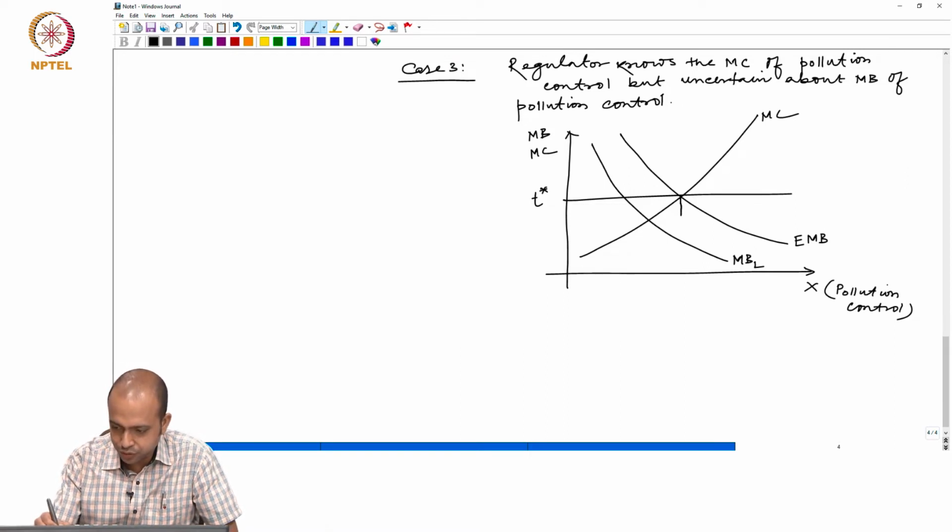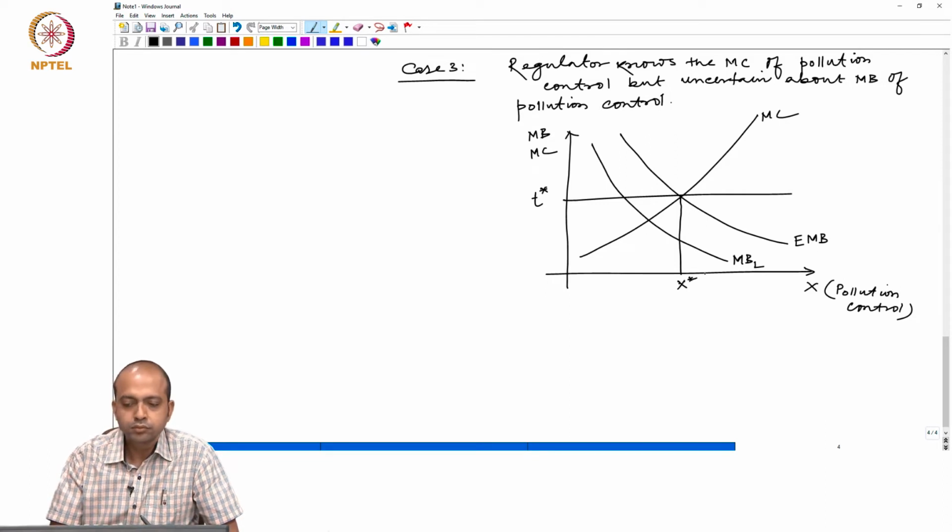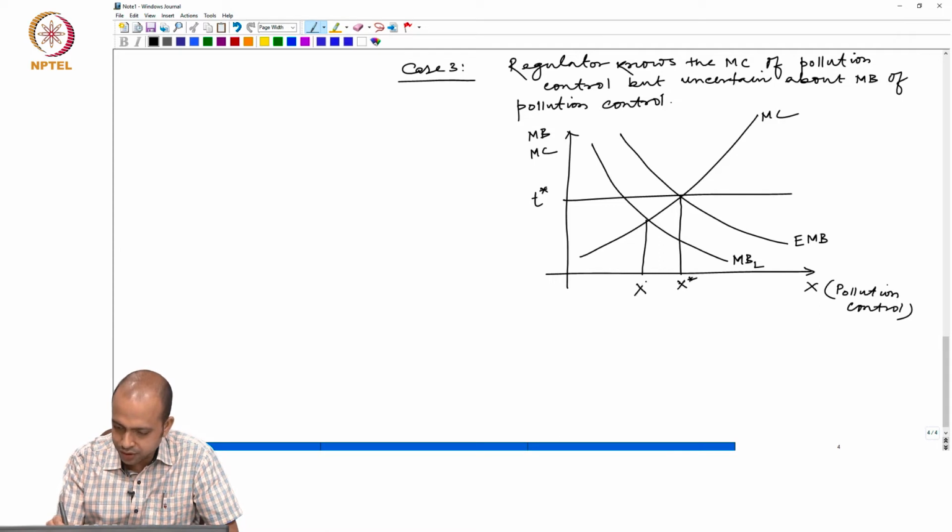So, this is let us say X star. Where is the private optima? T equals to MC. Where is the social optima? MB equals to MC. So, that means it is here. This is let us say X star with L.